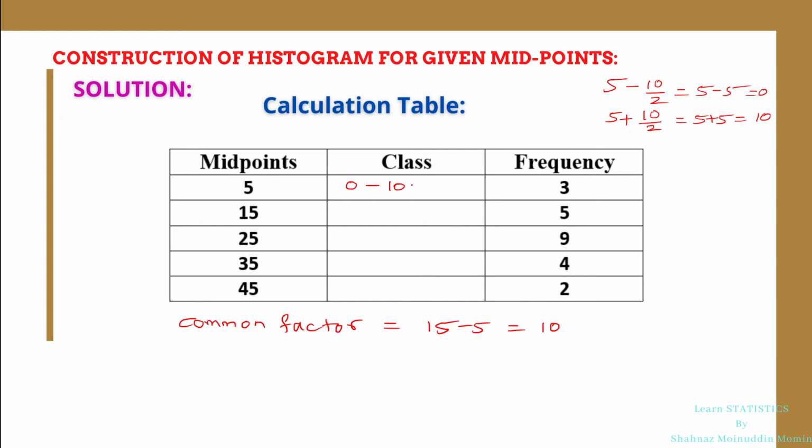Now we shall consider the second midpoint. What is that? 15. To obtain the lower limit of the second midpoint, subtract half of the common factor from 15. Half of the common factor is 10 by 2, that is 5. Hence the lower limit is equal to 10.